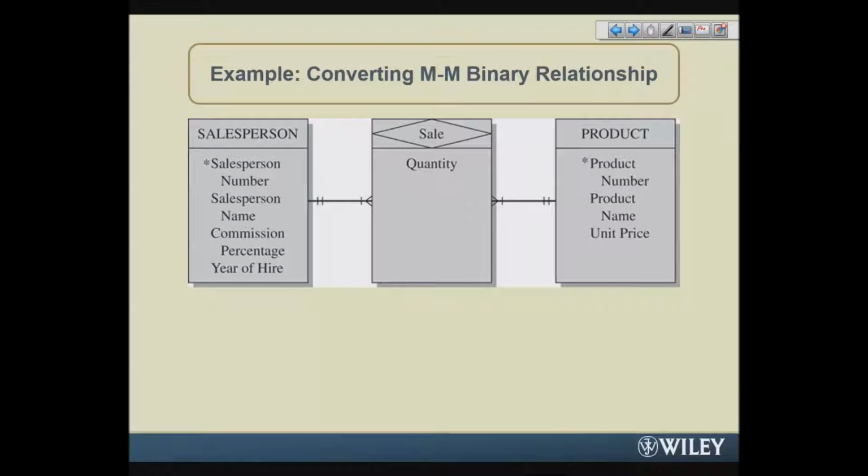To avoid this problem, we need to create a new table and call it an associated entity or associated table. This associated table will consist of the primary key from this table and the primary key from this table. We will put them together. I hope I can write. I don't know if it will allow me to write.